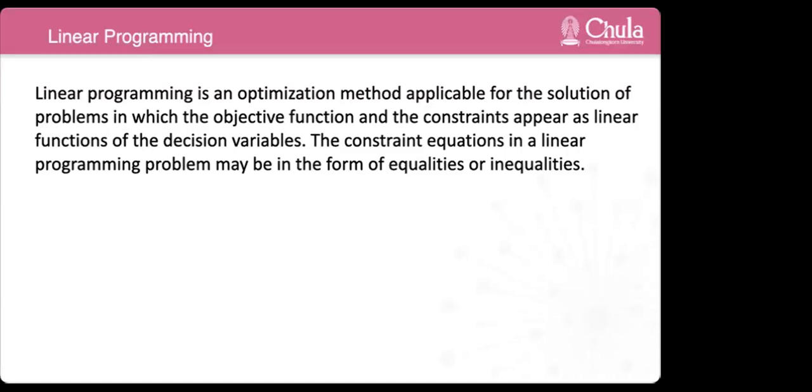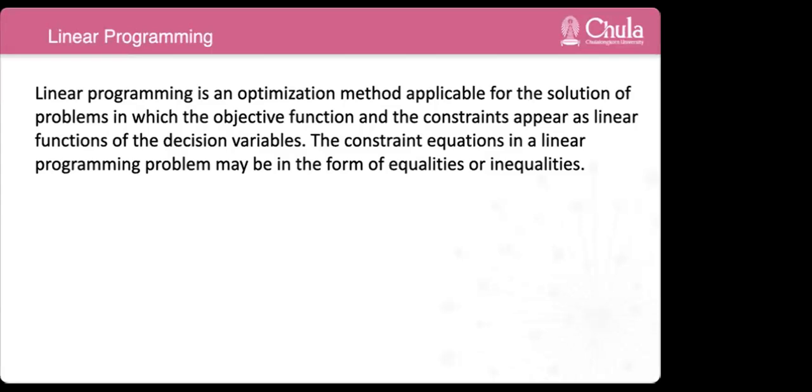And more than that, the decision variable must be the real variables only, not integer. The case where integer is the decision variable, we call it mixed integer linear programming. It's a special type of linear programming because it's mixed integer.